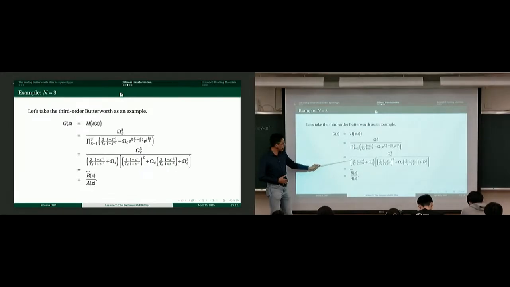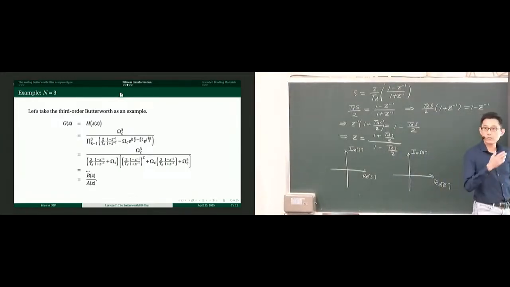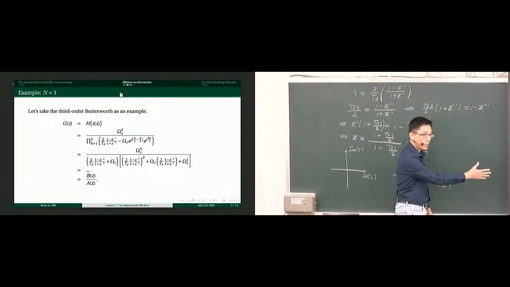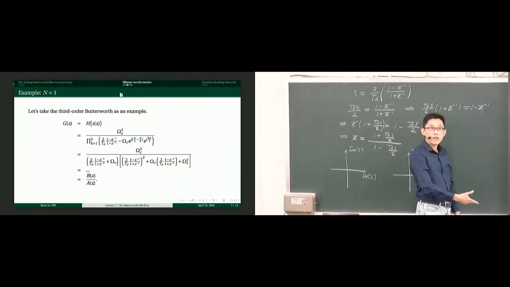We should make the bottom a polynomial by multiplying top and bottom both with 1 plus z inverse, in parentheses, to the third power. So hopefully by inspection, can we agree that after we multiply top and bottom with 1 plus z inverse, let me write it down.